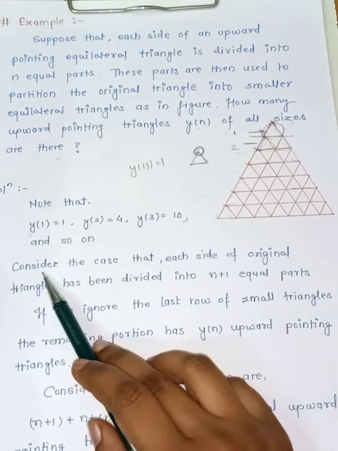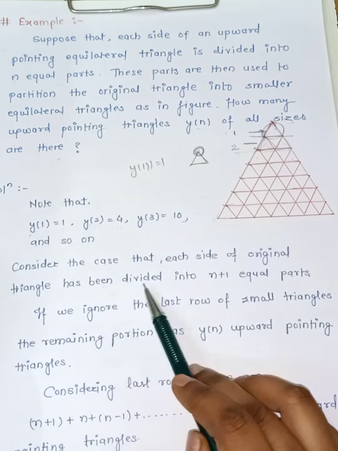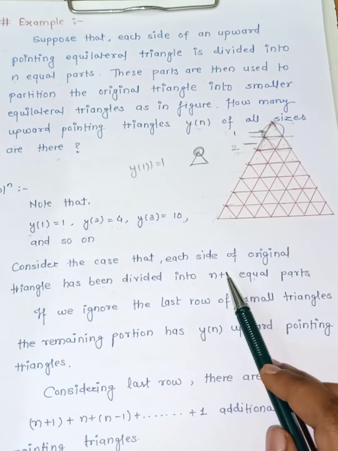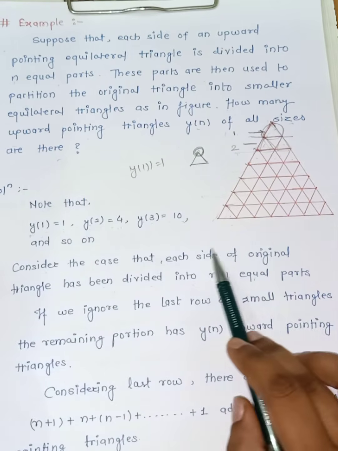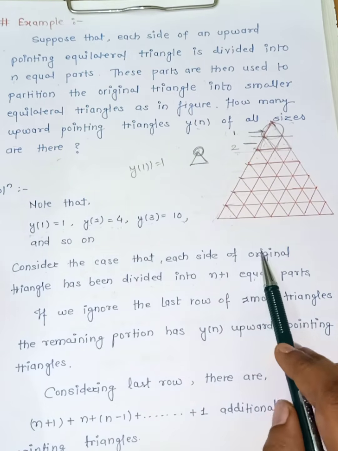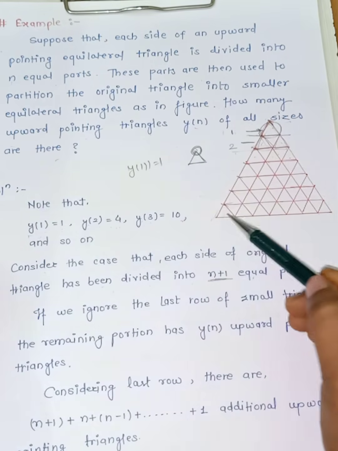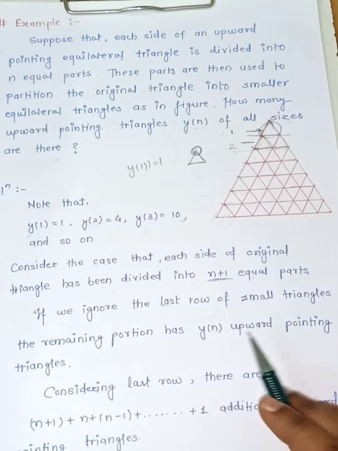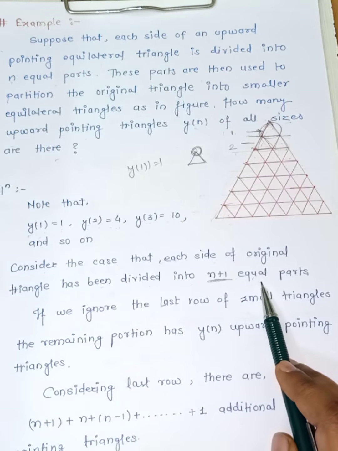Now consider that the case each side of original triangle has been divided into n plus 1 equal parts, okay. सो कन्सिडर करायचं आहे की ही जी एक किंवा यांची प्रत्येक जी साईड राहील, ईच साईड ऑफ ओरिजिनल ट्रायंगल आर डिवायडेड इंटू n प्लस 1 इक्वल पार्ट्स. आपण आता काय बघितलं होतं की n इक्वल पार्ट्समध्ये जर का डिवाइड केलं तर काय होईल. आता आपल्याला कन्सिडर करायचं आहे की जर n प्लस 1 इक्वल पार्ट्समध्ये डिवाइड केला प्रत्येक साईडला तर काय होईल.